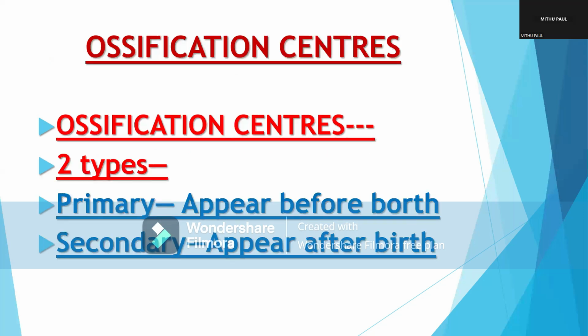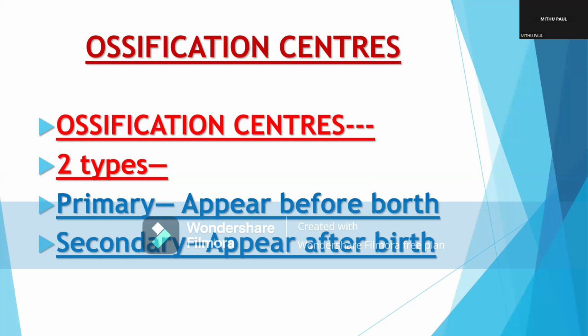Now, the ossification centers are of two types: one is primary and one is secondary. In embryonic life, via the proliferation of the same mesenchymal cells, a basic model of membrane or cartilage, mainly hyaline cartilage covered by perichondrium, is laid down in the different parts of your developing embryo. In those developing cartilaginous or membranous models, first there is the appearance of an ossification center in embryonic life, and the process of ossification begins.